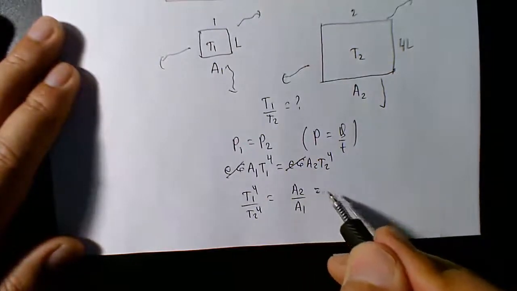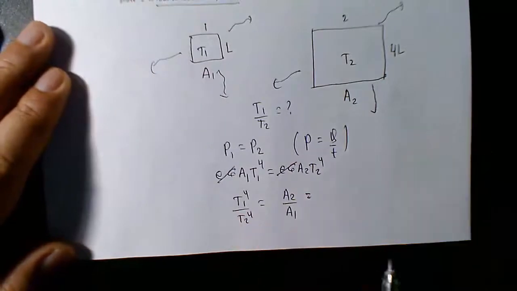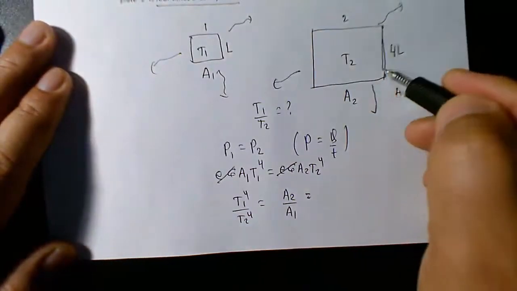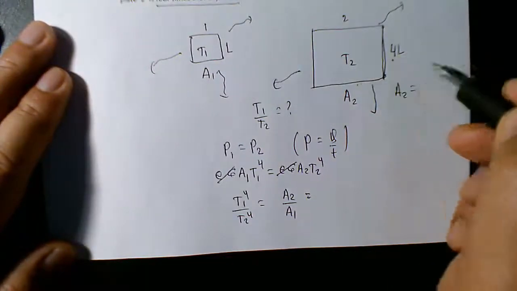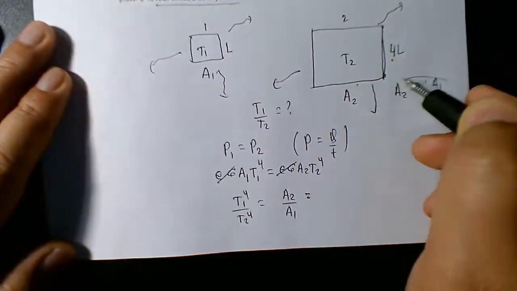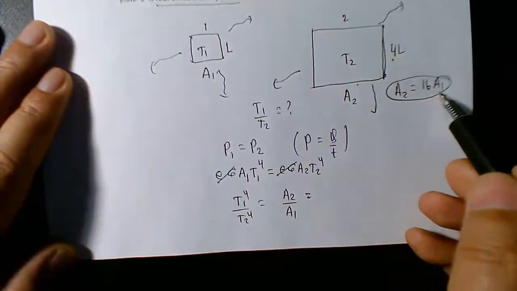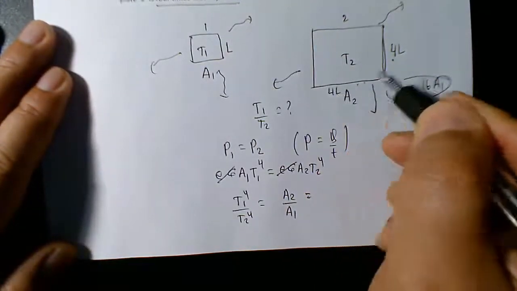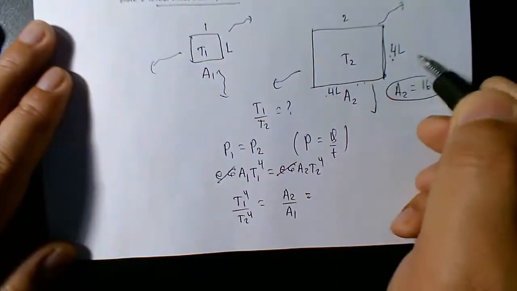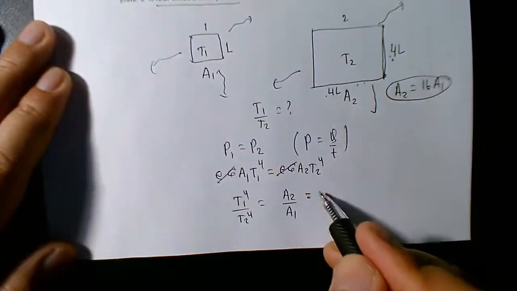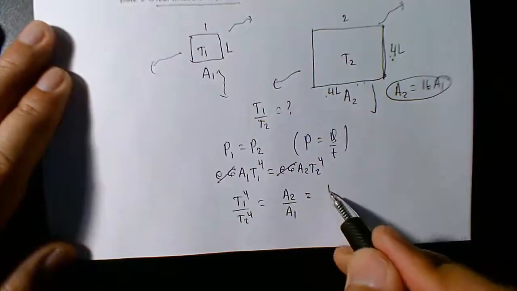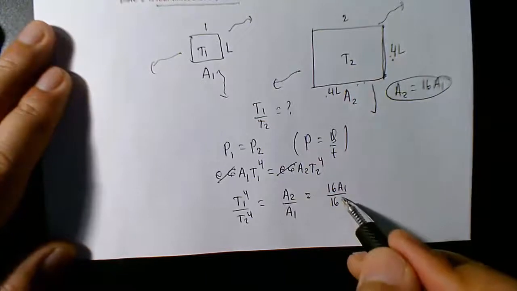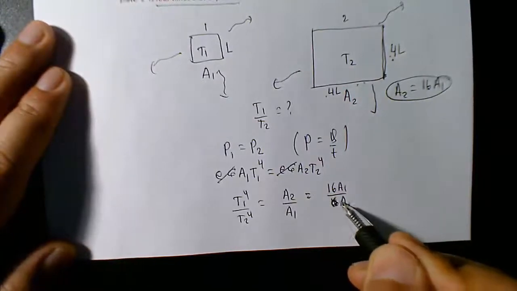But what will A2 be? Its area will be, because its edge length is 4 times L, 4 times 4, which is 16 times A1, right? Not just 4 times A1. So the area will be 16 times because its width is 4 times 4. So 16 A1 divided by A1 is 16, because the second area is 16 times more than the first.